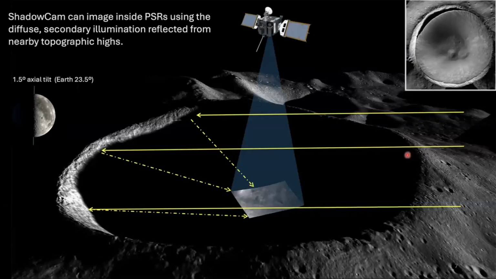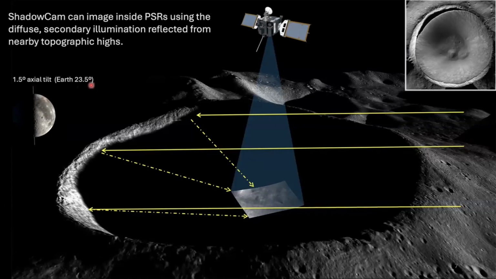So this is the basic idea behind how ShadowCam works. Because we're at the lunar poles and the moon's axial tilt is much smaller than the Earth's, only about 1.5 degrees, we don't get huge differences in seasonal lighting intervals.